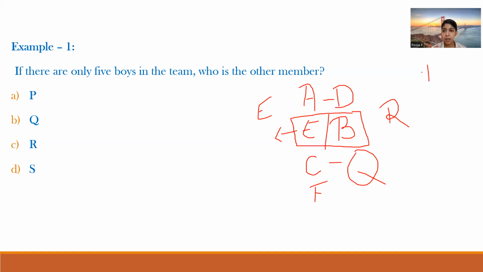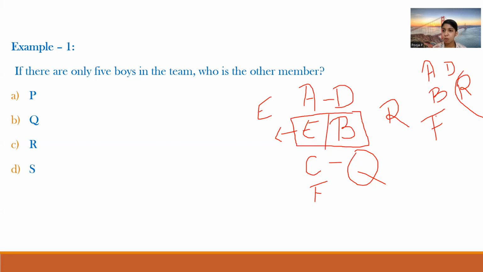Because let us say you took A, you've taken D, you've taken B. The other person is R. R is a girl, so let's keep her aside. You have F. So you can't satisfy the criteria of 5 boys.